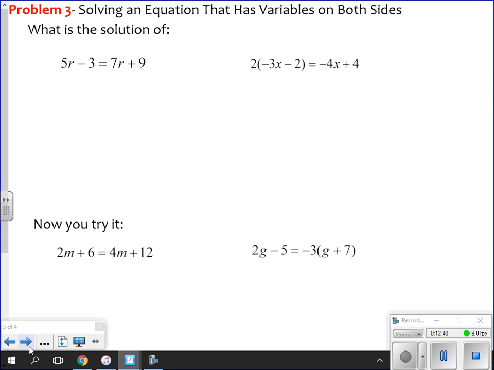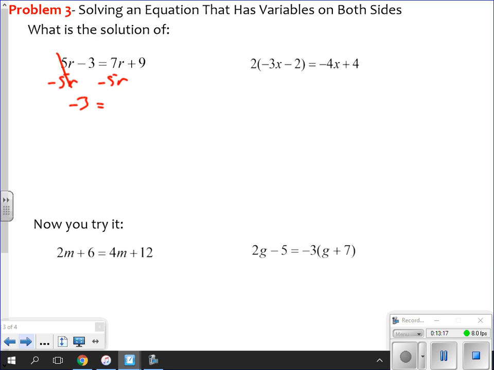So what's smaller, 5R or 7R? 5R. So I want to get rid of the 5R. So what I do is I subtract it. And if I subtract from one side, I need to subtract from the other side. So my 5R's cancel. I have negative 3 equals 7 minus 5.